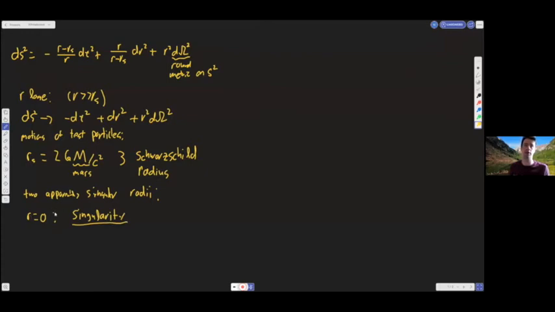The metric is indeed singular at r equals 0, and in particular, near here, tidal forces go to infinity. If you find yourself in the vicinity of the singularity, as you get closer and closer the forces on you are stronger and stronger, and eventually you're just torn apart no matter how strong you are. So the singularity really is singular.